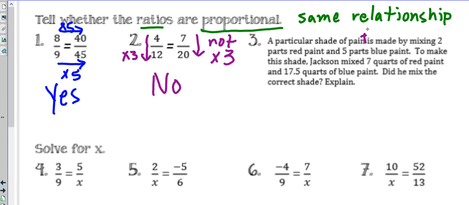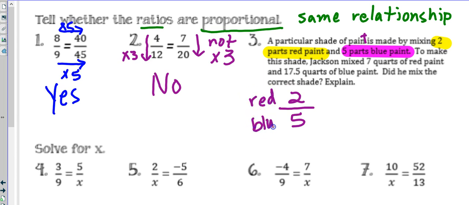When we're mixing paint, to get it to be the same color, we need the ratio of red and blue to be the same. So we need to check that ratio. We have 2 parts red and 5 parts blue, so that's going to be our one part of our ratio. We're going to have 2 to 5, this is our red and this is our blue.